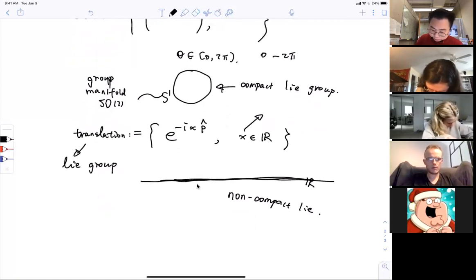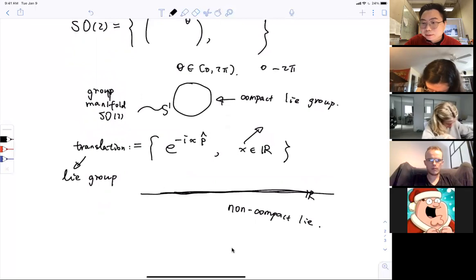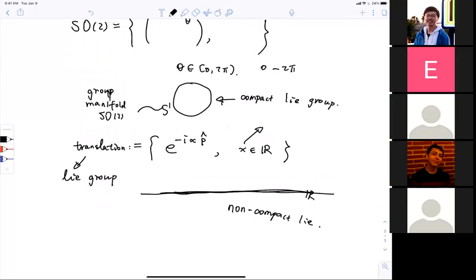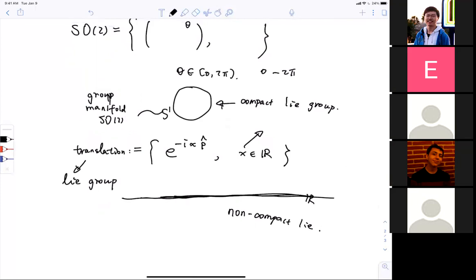Could you explain what the group manifold, in the picture you drew to the right, means? The group manifold of SO2, with the circle.